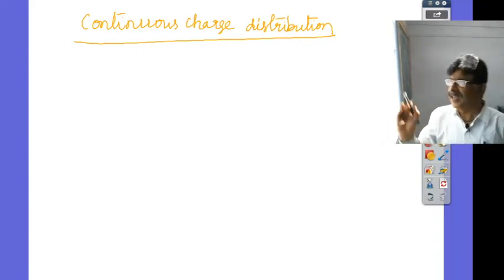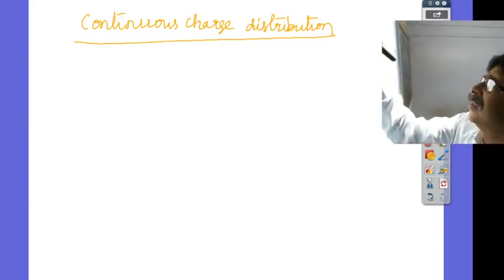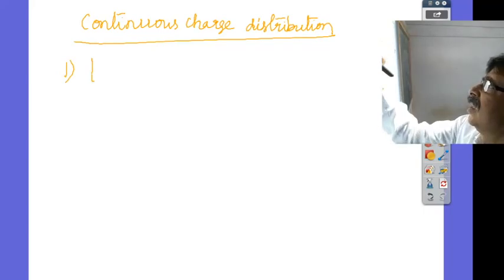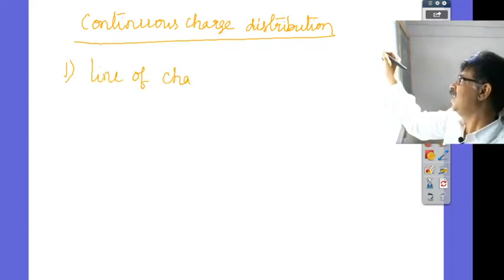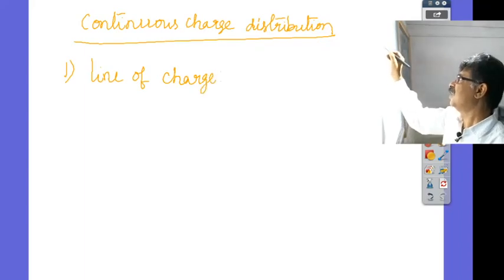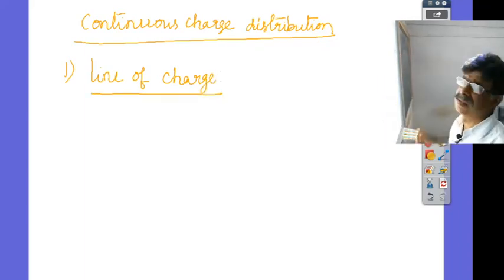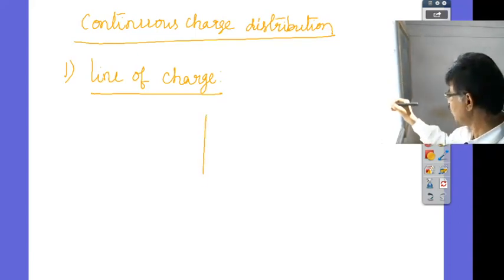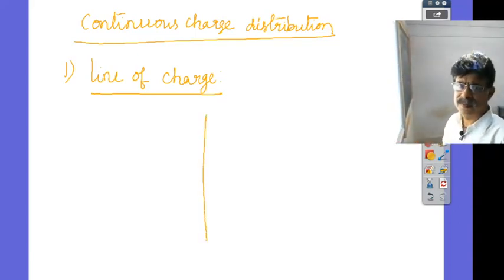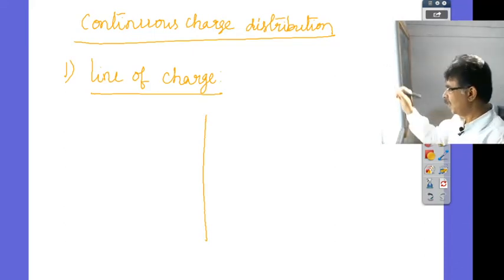Initially, let me consider the first one, a line of charge. So what is this line of charge? Let us suppose we have a conductor, which is in the form of a string.